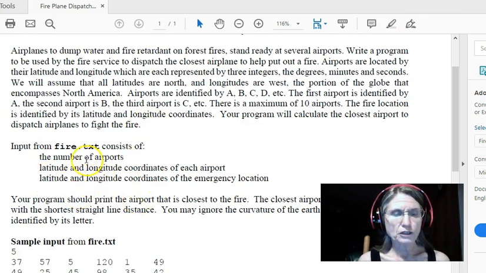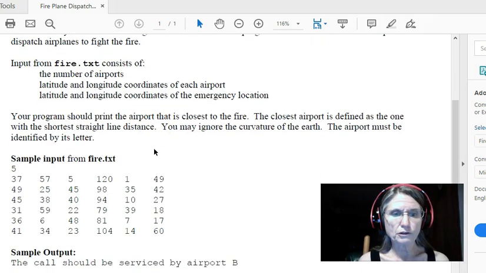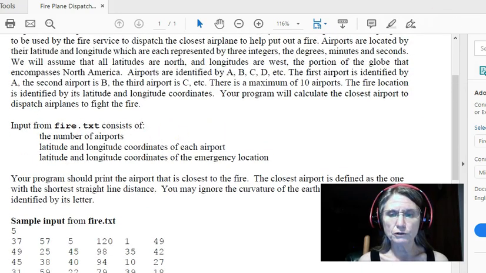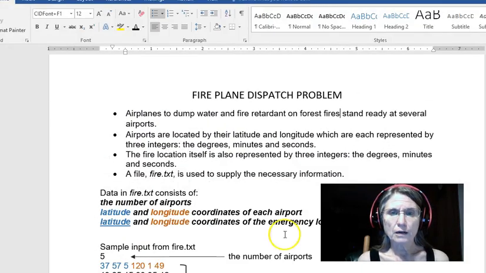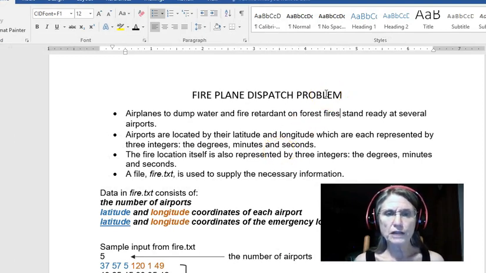There's information about the way the data is going to be provided to you. But let's take a look, because I've broken this down into maybe some more bite-sized pieces.